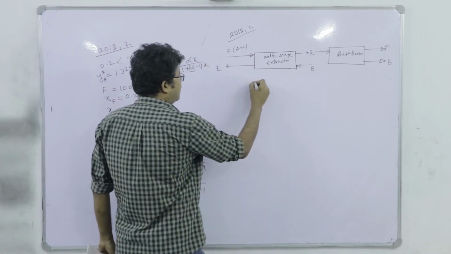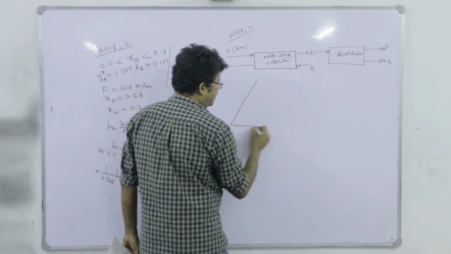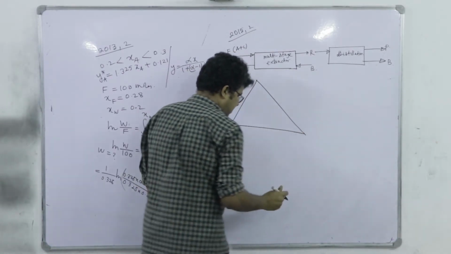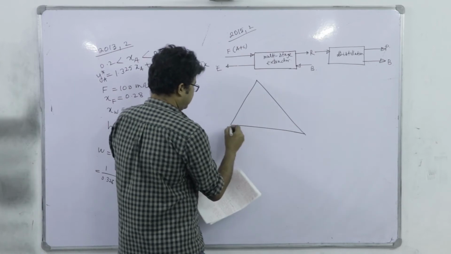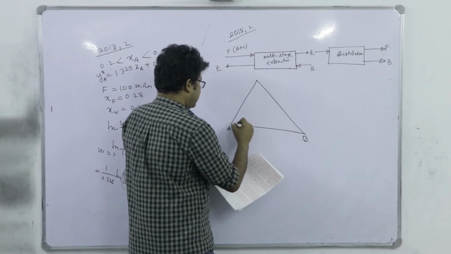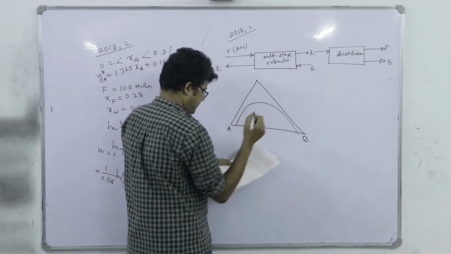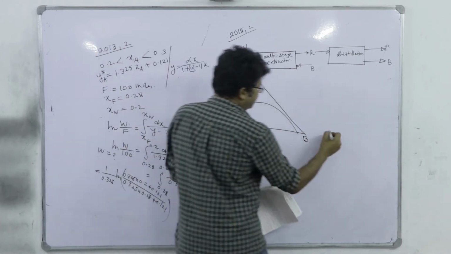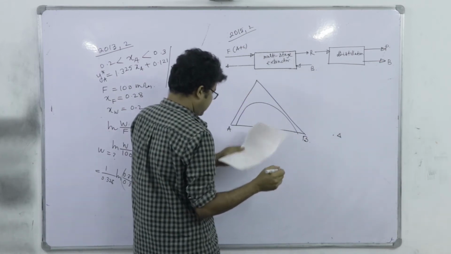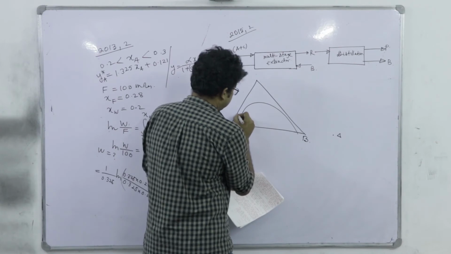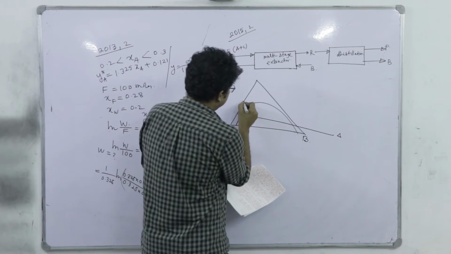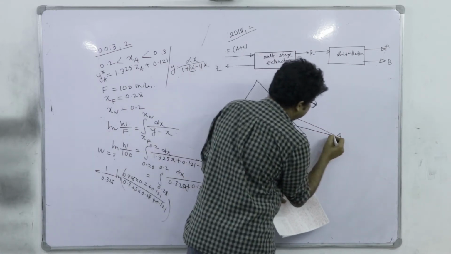So let us first draw whatever is given in the problem statement. So this is the triangular diagram, right. This is A, this is B, and this is the delta point. Delta point is connected to this and to this.